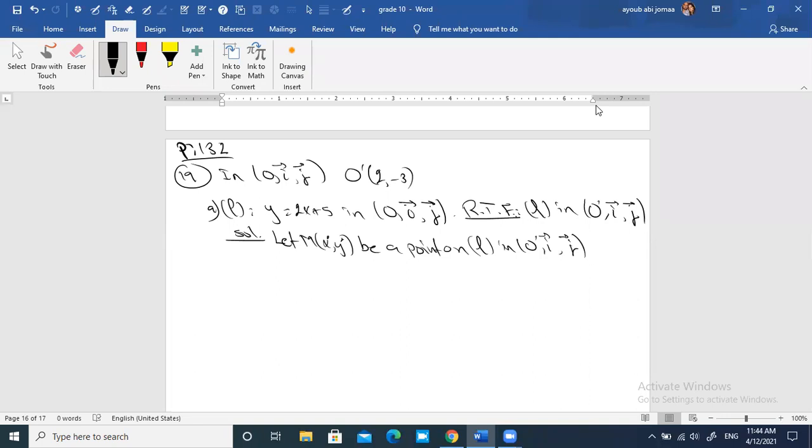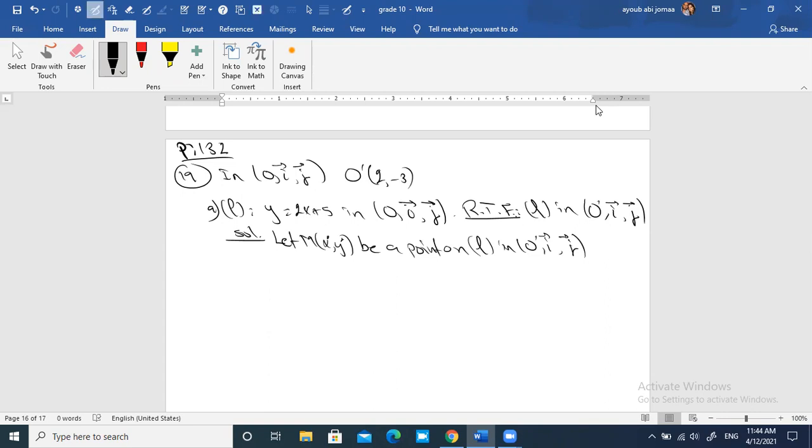Coordinates of a variable point on this plane. If you study, for example, conics, the equation of an ellipse, you are going to write an equation that contains x and y, where x, y are coordinates of a variable point on this conic or on this ellipse, whatever. The equation of any geometrical figure in a coordinate system means that you have to write a relation between the coordinates of a variable point on this geometrical figure. On a straight line, you have to write an equation, a relation between the coordinates of a variable point on this line.